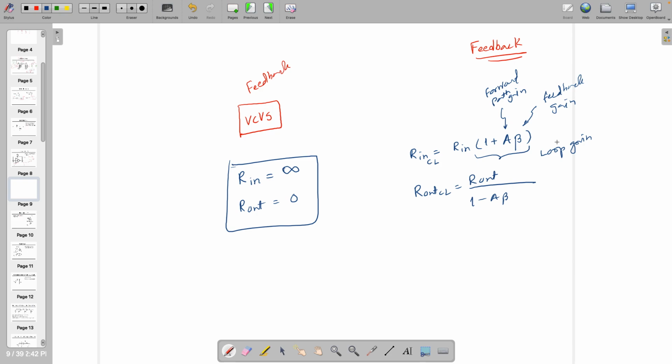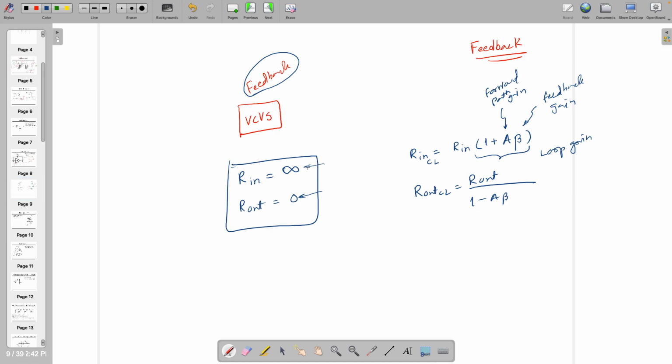So what it shows is that if you are keeping a voltage controlled voltage source in feedback, your input resistance becomes higher, and in the same way the output impedance becomes lower, going towards 0 while the other goes towards infinity.